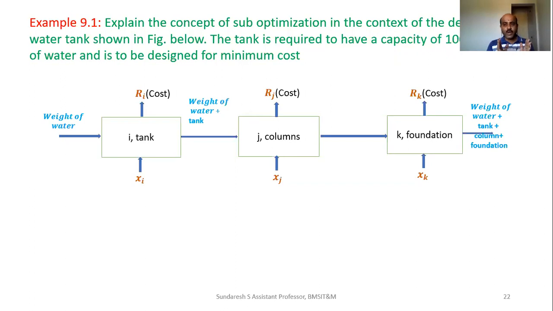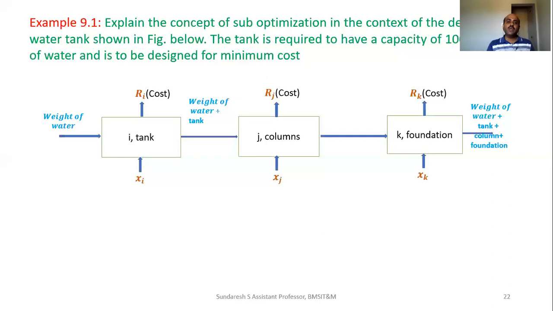So there are three important parts of a water tank. One is the tank which stores the water. The tank is supported by the columns, which in turn rest on the foundation which has been made beneath the ground. I am talking about only these three important things because they are the load carrying members. All the load will be transferred from the tank to the columns and in turn to the foundation.